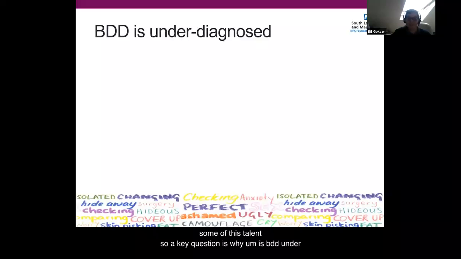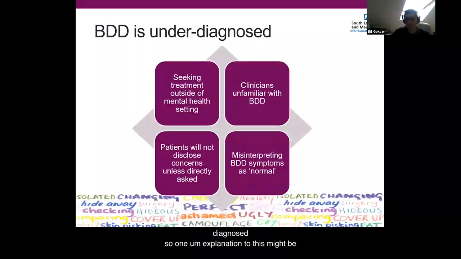So a key question is, why is BDD underdiagnosed? One explanation might be that people seek treatment for BDD outside of mental health care settings. They might go to orthodontists, cosmetic surgeons, or dermatologists, rather than seeking help in a psychology setting.